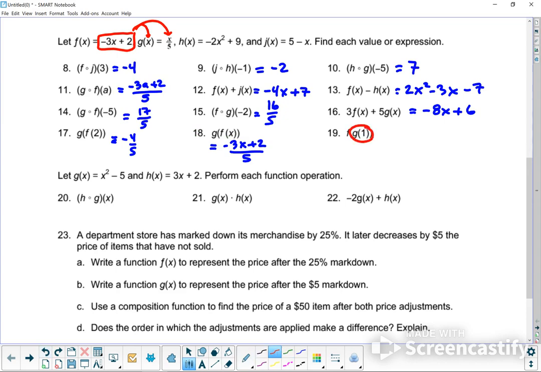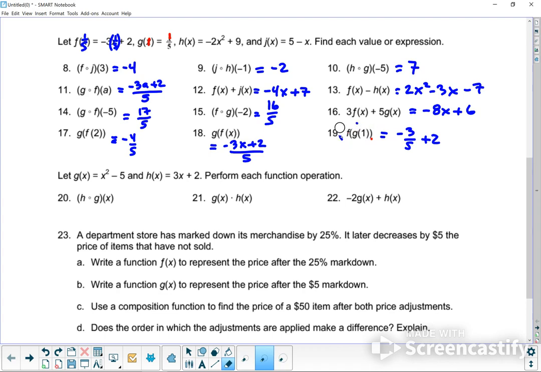g of 1. You're going to put a 1 in g, which means you're going to put 1 here. So g of 1 is actually 1/5. You're going to put that into f. So f of 1/5. So you're going to put 1/5 here. So what do we get? We're going to get negative 3/5 plus 2. Use the calculator to help you do the rest of the work, or you can, like me, without a calculator, put a 1 underneath the 2, because that's really 2 over 1.